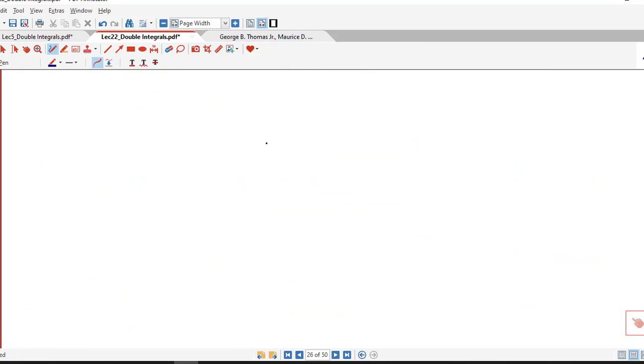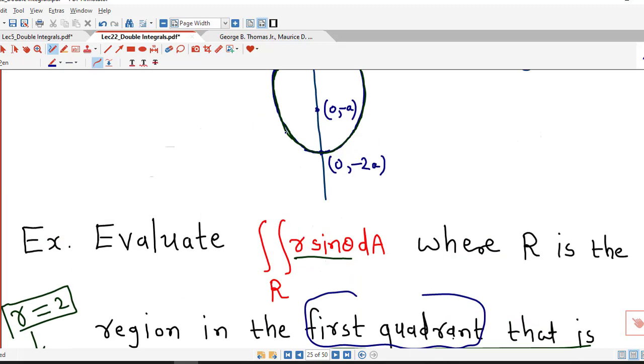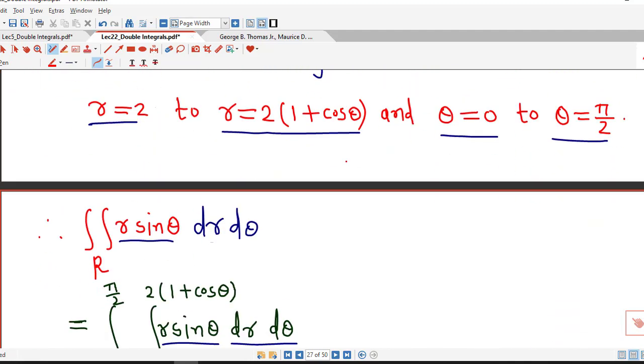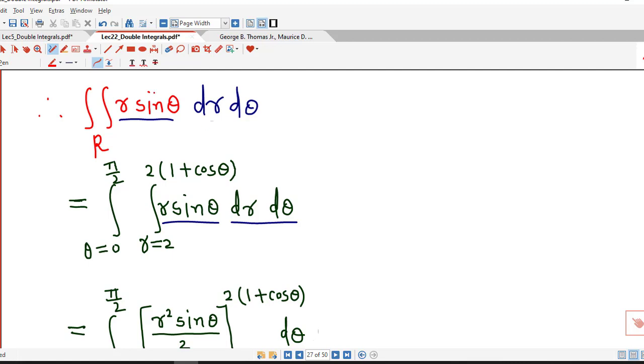The integration is with respect to r and theta. So here we have put the limits of r from 2 to 2 times 1 plus cos theta, and theta from 0 to pi by 2.